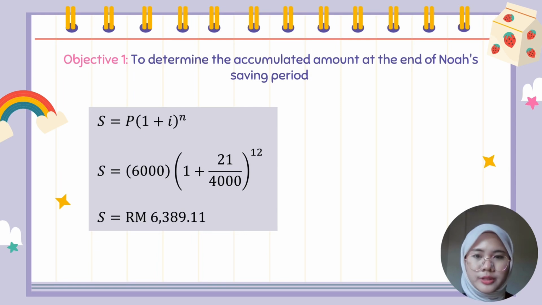To start, we use the compound interest formula, which is S equals P multiplied by bracket 1 plus I to the power of N. In this question, P is the principal amount, which is 6,000. I is the periodic interest rate, which is 21 over 4,000. And N is 12. So, we substitute into the formula, S equal to 6,000 multiplied by bracket 1 plus I to the power of N. After calculating, the accumulated amount becomes RM 6,389 and 11 cents.